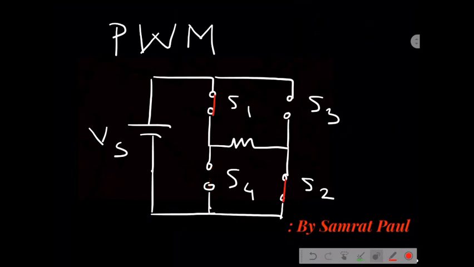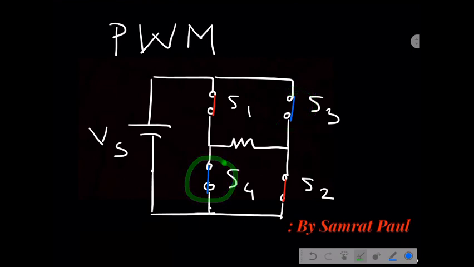So if we consider S1 and S2 on, then at first we should give the appropriate switching pulse to S1. That should be reflected for S2 at the same instant. Similarly for S3 and S4, we get the same triggering pulse at the same instant.